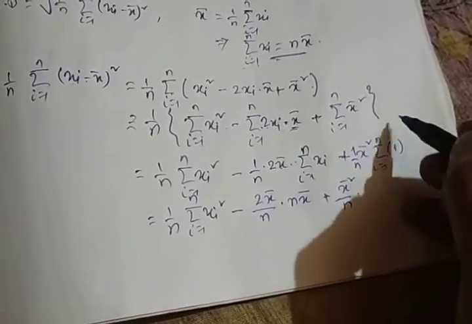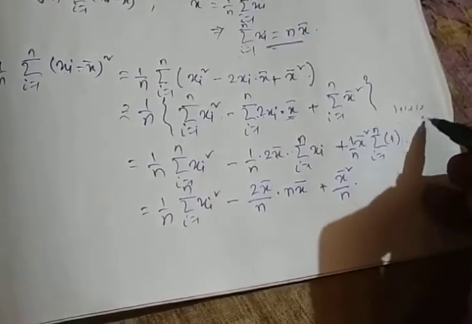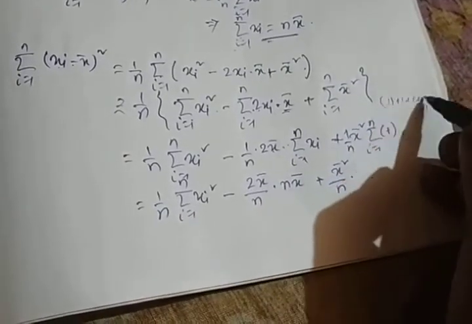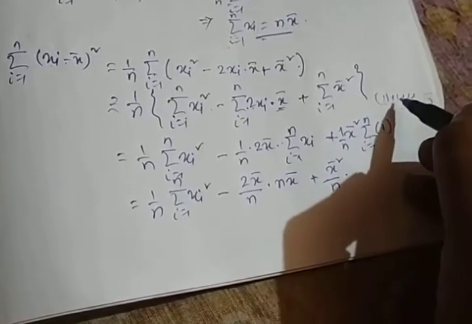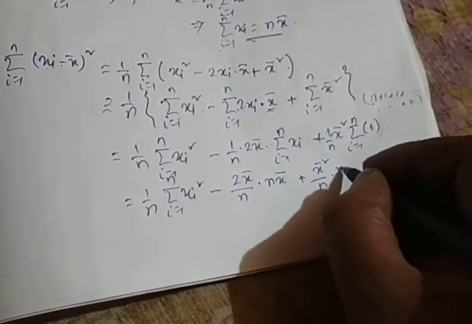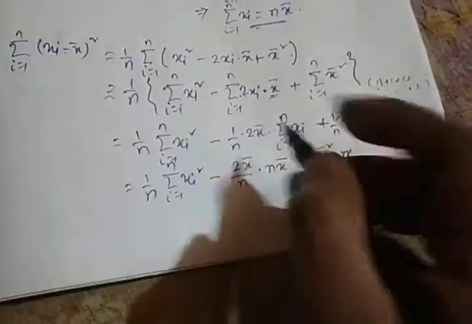So 1, this means 1 plus 1 plus 1 plus up to n times. If we expand this summation, we will get 1 plus 1 plus 1 plus up to n times. That means there is n number of 1 summed up, which is given as n. Okay, so n will be cancelled out.